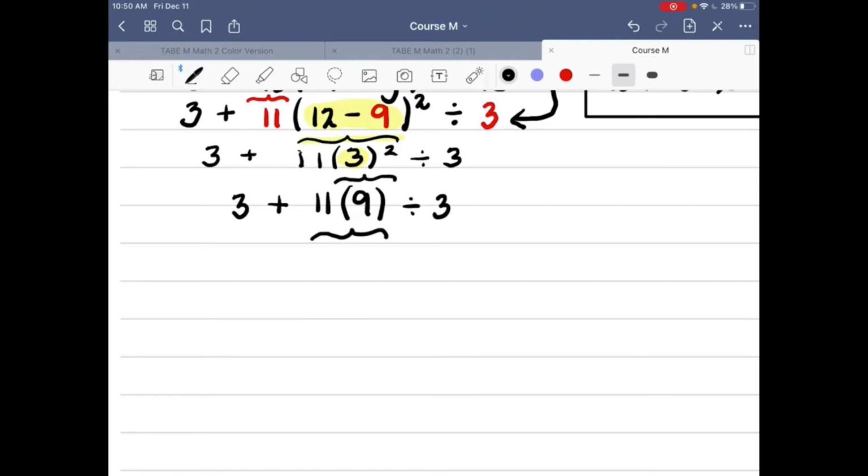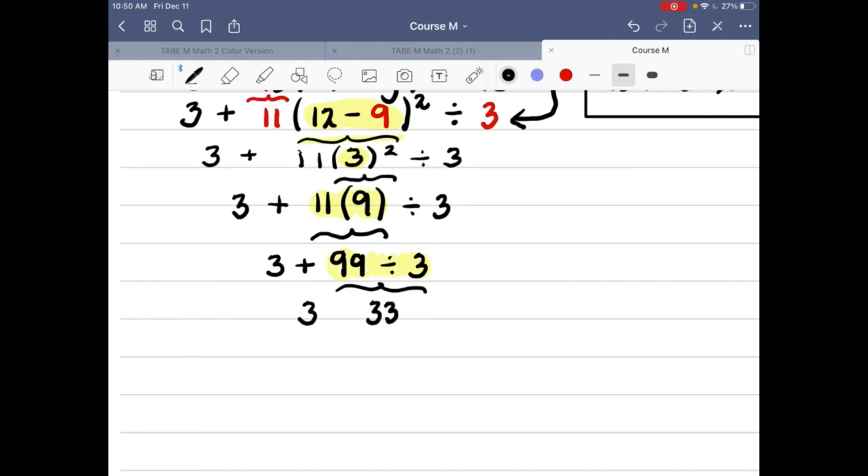Then 11 times 9, that's 99. Then divide by 3. That's this piece. We follow the order of operations. 99 divided by 3 is 33.